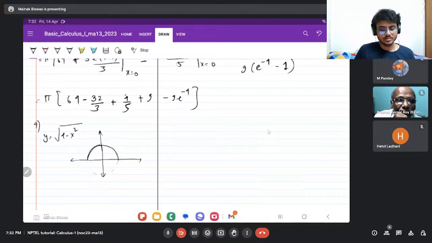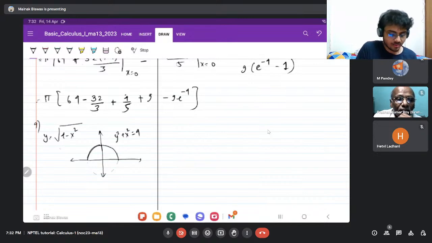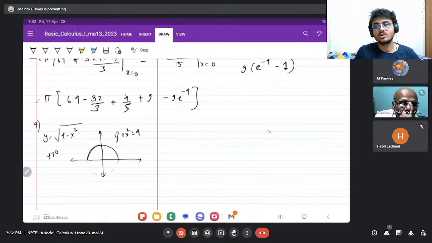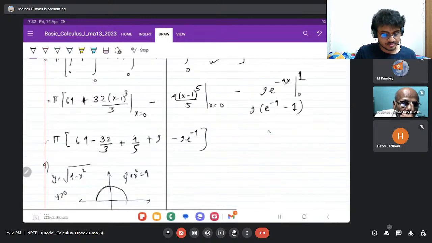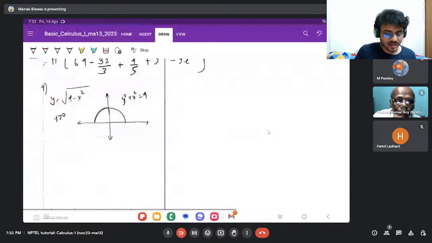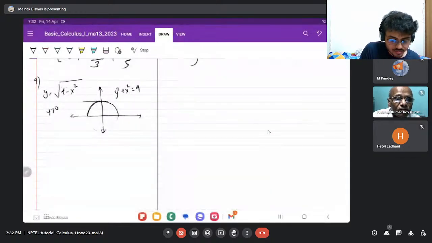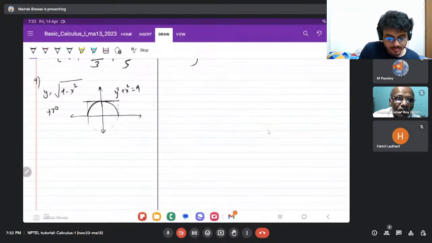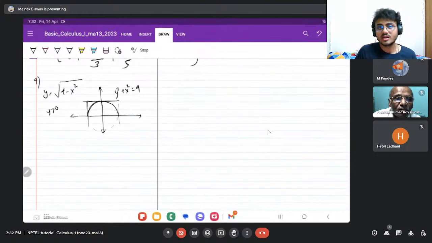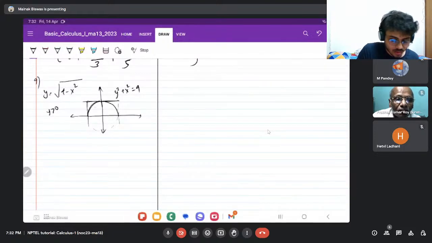You agree to this? So this is y square plus x square is equal to 4, and only for y greater than 0, right? This is the equation of your circle, and y equal to 1. This is y is equal to 1.